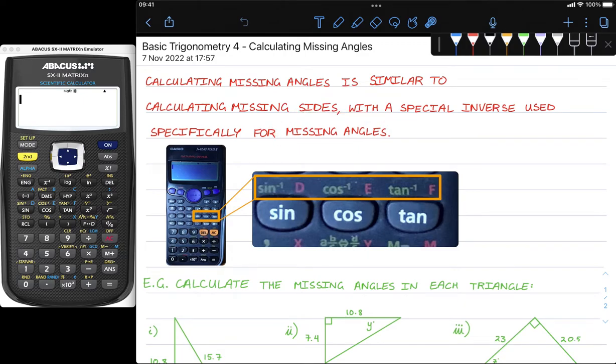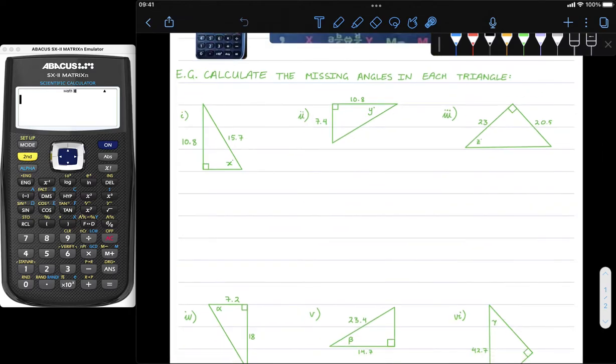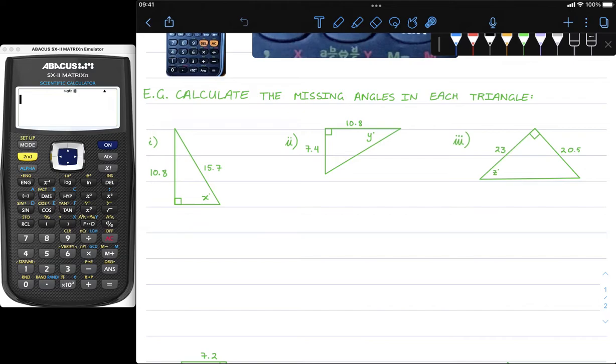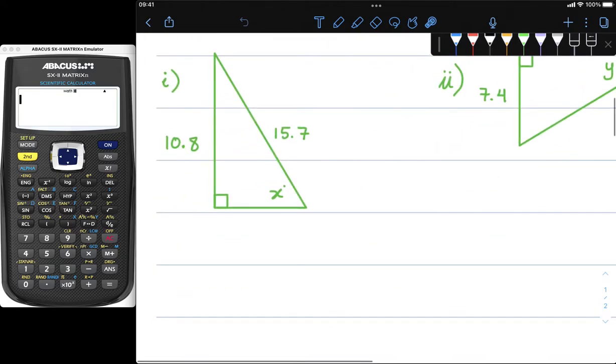So let's just quickly show some examples here just to demonstrate. It begins as we normally do with missing sides. We figure out, is it sine, cos, or tan? So let's write out our SOH CAH TOA. You can pause and figure it out yourself.